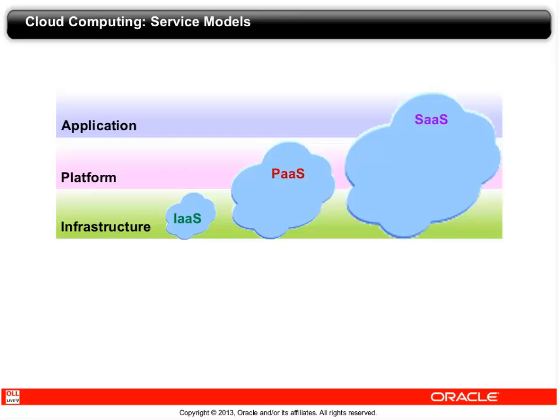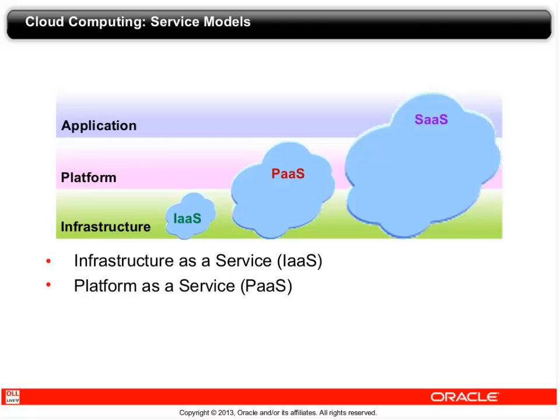So I'm sure by now you've heard the term cloud. It's pretty much become a buzzword in the industry. It's certainly become the standard by which all things cool are being judged. You know, do you have something in the cloud? And one of the things that's important to understand is that a cloud comes in three different flavors. One of those is infrastructure as a service, or IaaS. The second is platform as a service, or PaaS.